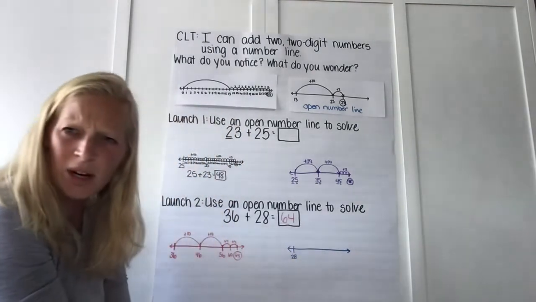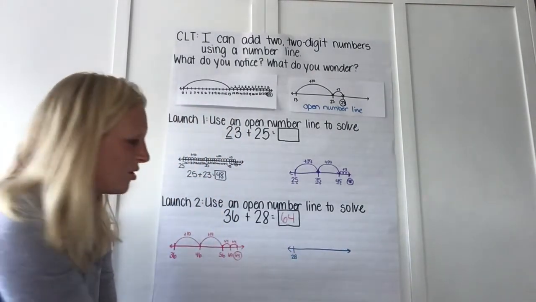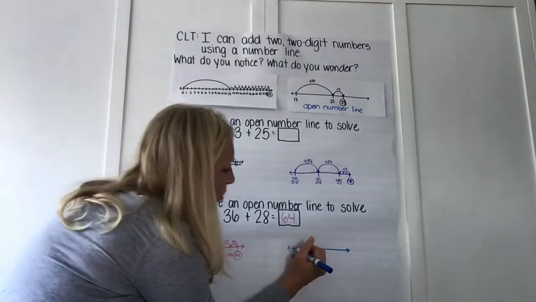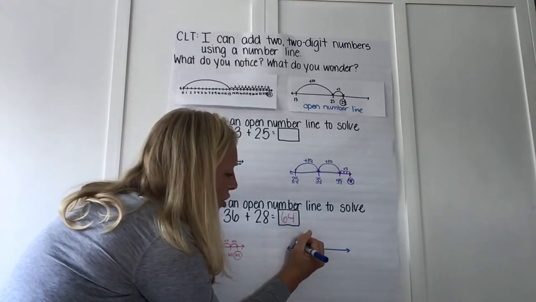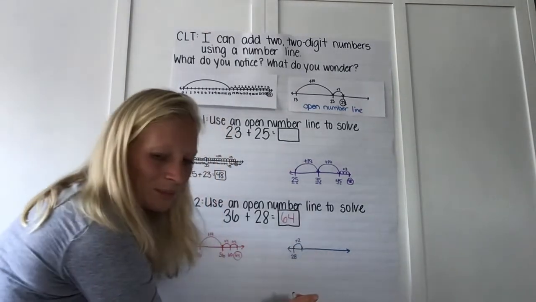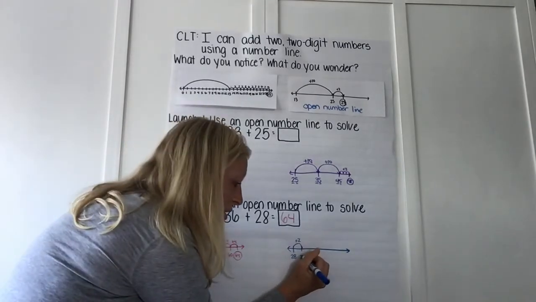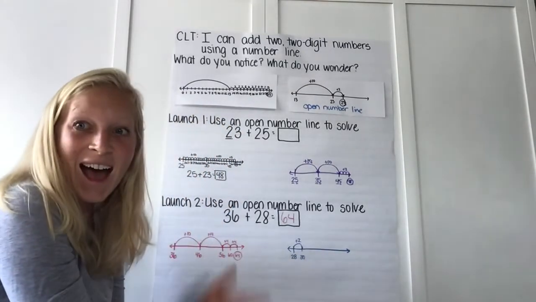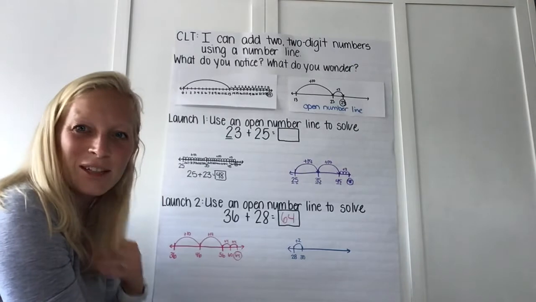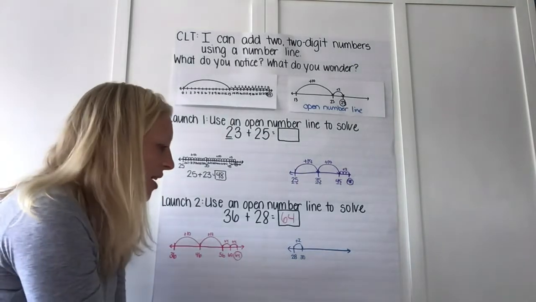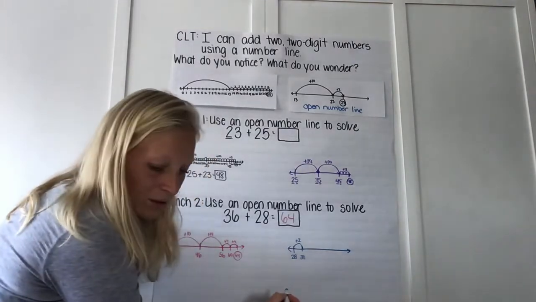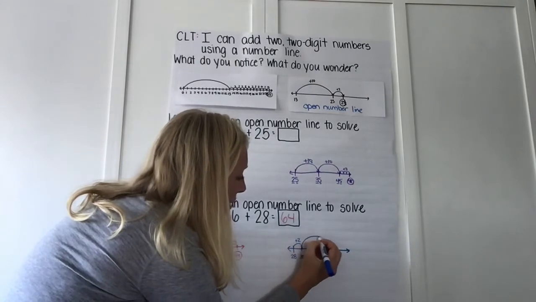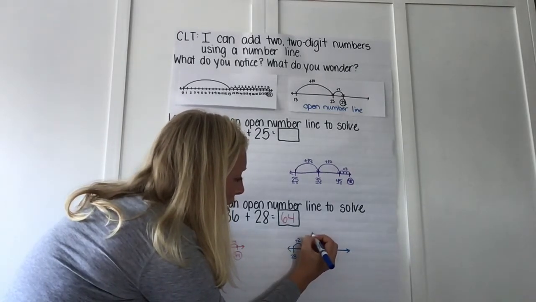And if I start at 28, what do I want to do first? Ooh, why did you jump 2? Because it got you to 30. And 30 is a 10, absolutely. And what are you going to do next? Ooh, tell me why you're going to make a big jump of 30.